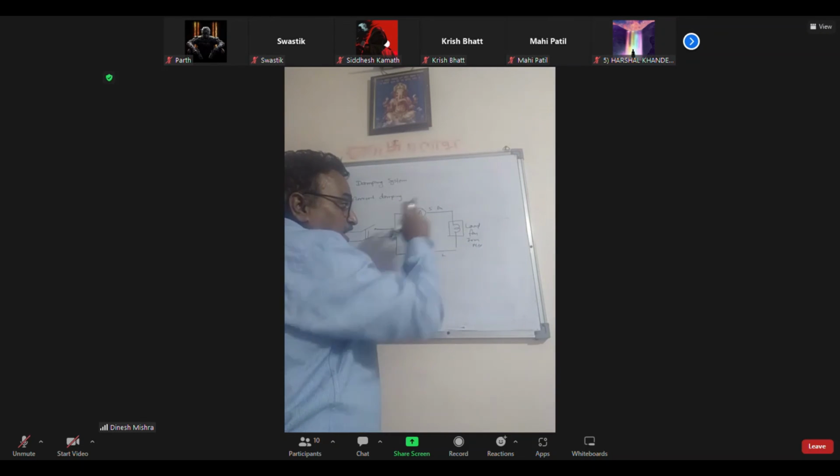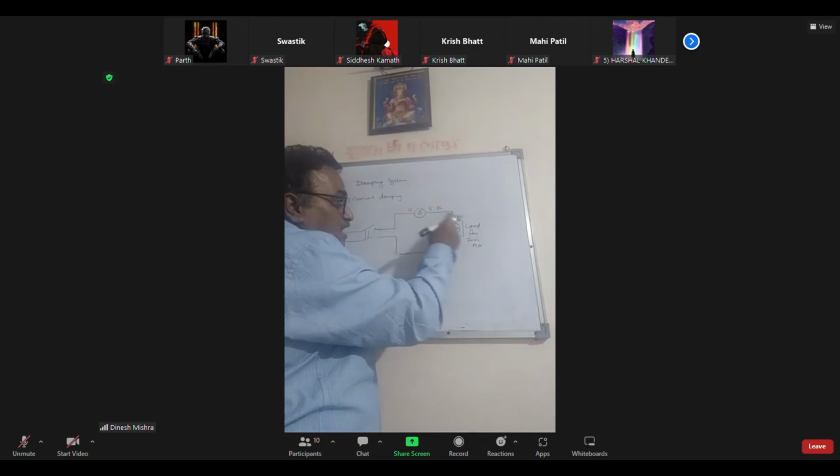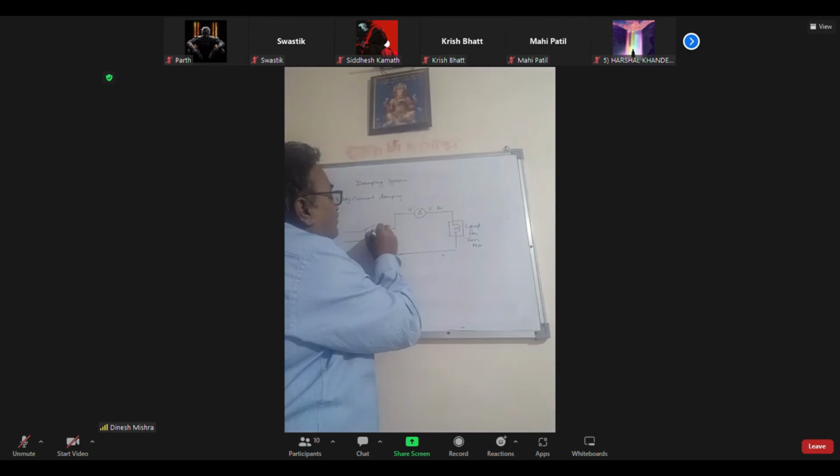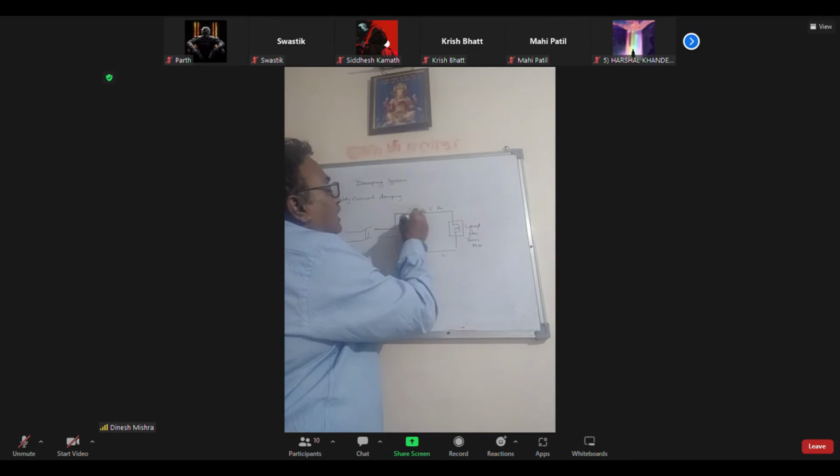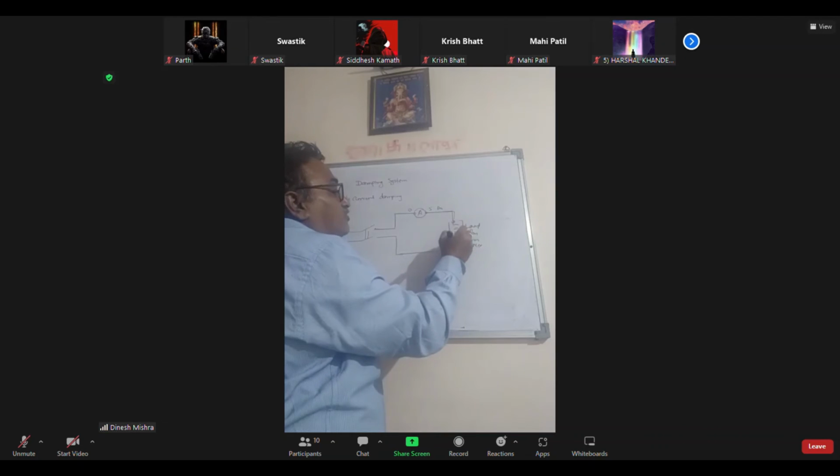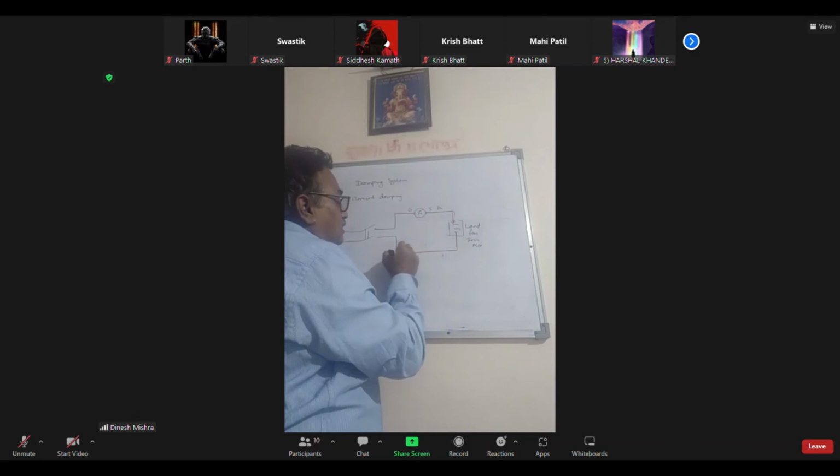This means the ammeter is connected in series with the supply and load. One end of the supply wire will go to one end of the ammeter. The other end of the ammeter will go to the load. The other end of the load again comes to the neutral point.